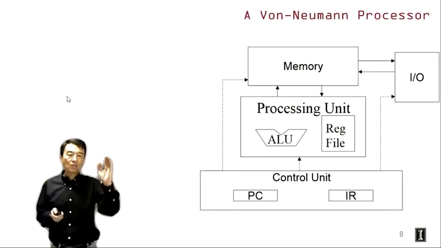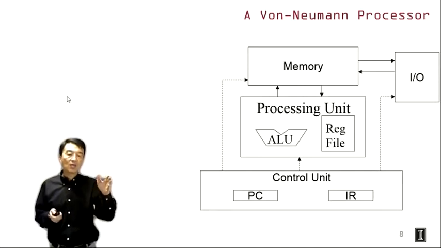And once the instruction bits return from the memory, they will be placed into the instruction register, or IR. That's where the hardware will examine all the instruction bits and determine all the activities that need to happen in order to execute that instruction.